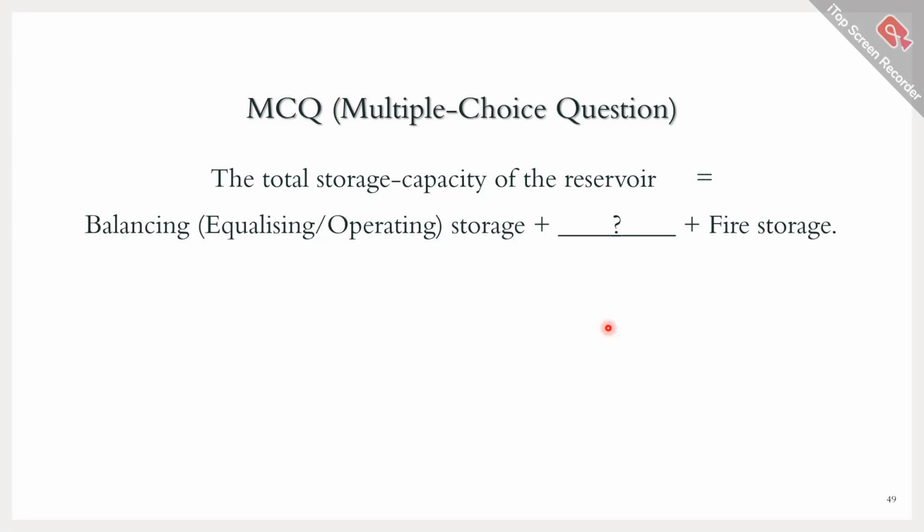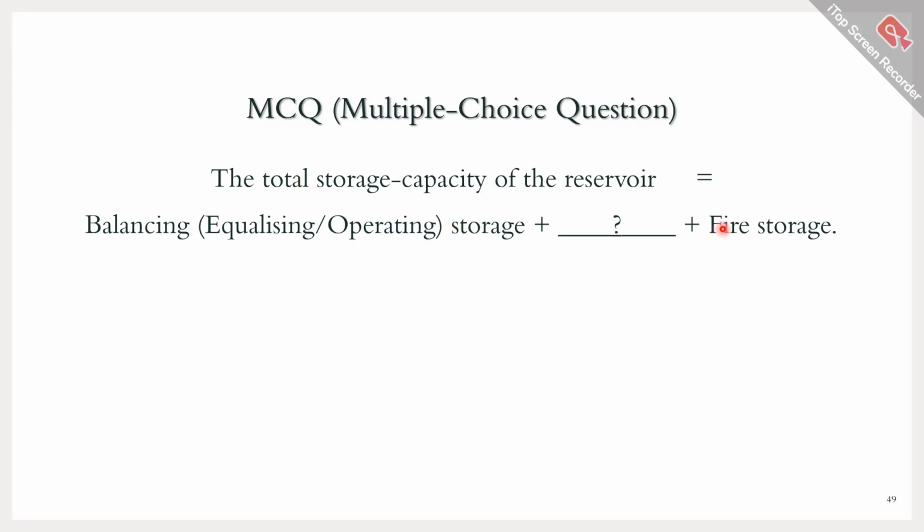Okay. Now the next MCQ: the total storage capacity of the reservoir is given as balancing storage plus dash storage plus fire storage. Balancing storage is also called the equalizing or operating storage.